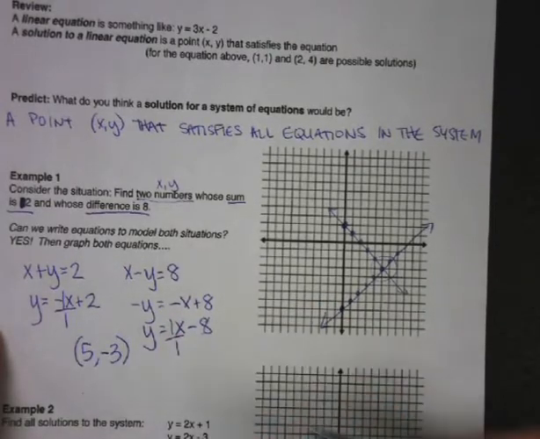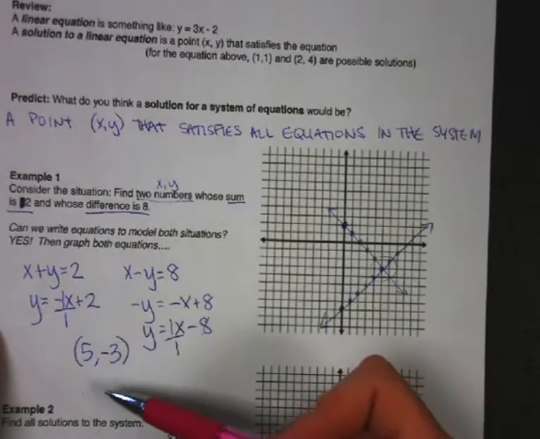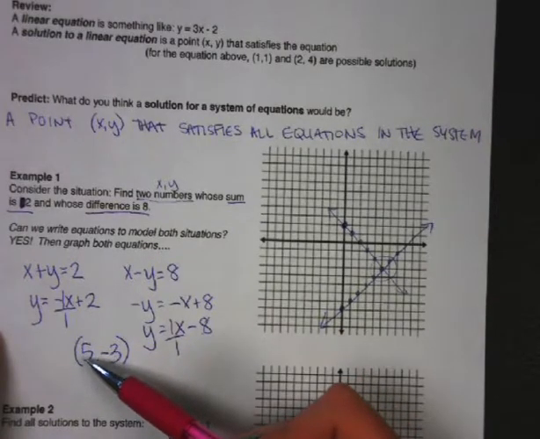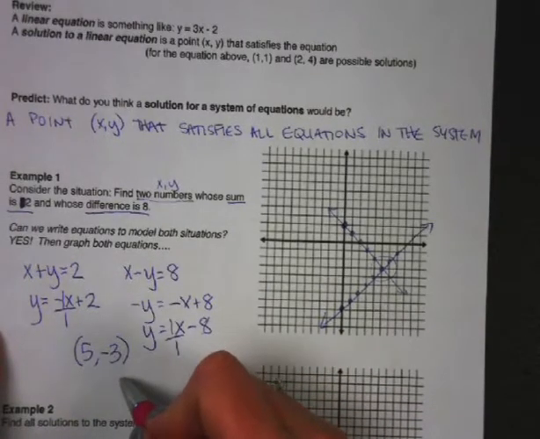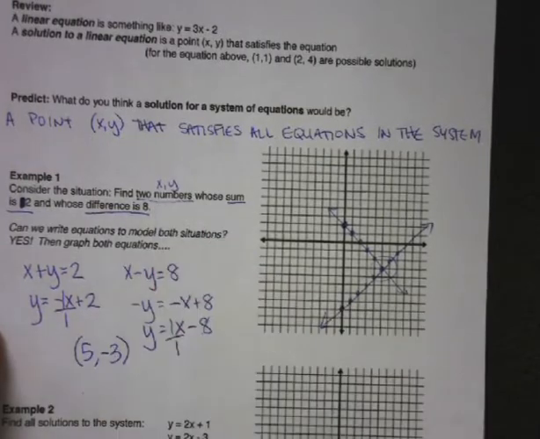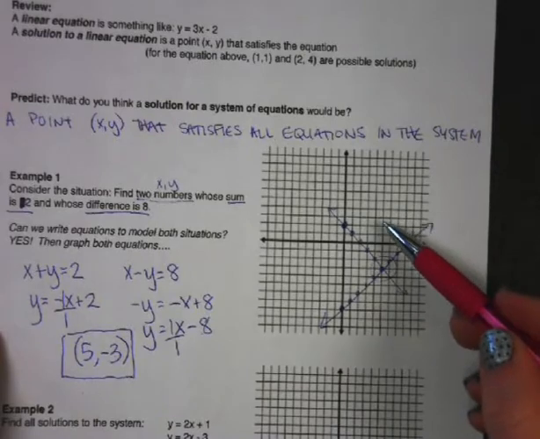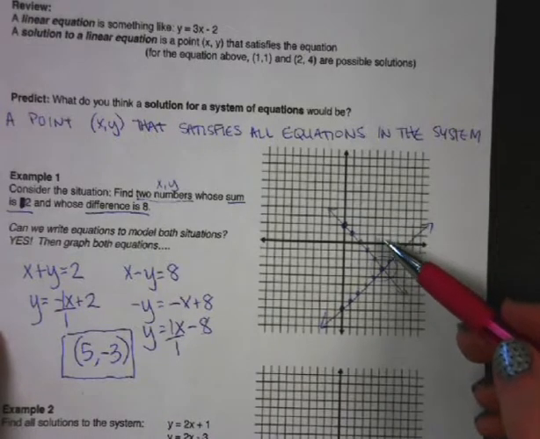Okay, let's check. Does that make sense in our situation? Their sum is 2. Yes. Their difference, 5 minus -3, is 8. Yes. There is one way to find the solution to a system of equations.